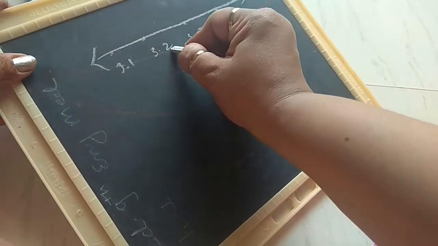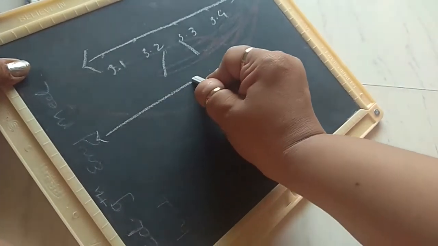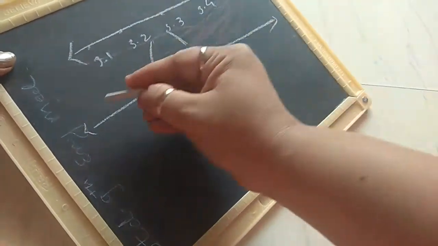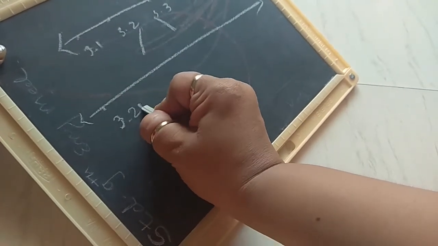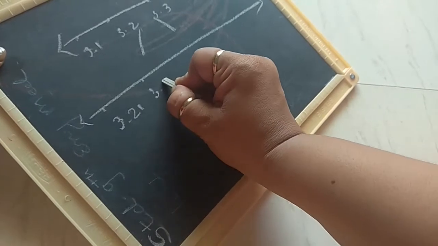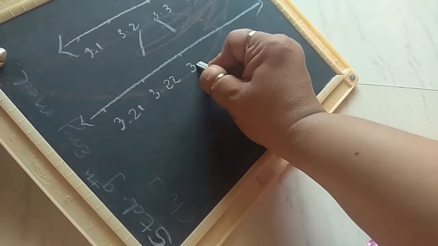Now we will do zooming on this area. We will start with 3.21. I hope you understand. This I already taught you in previous session.